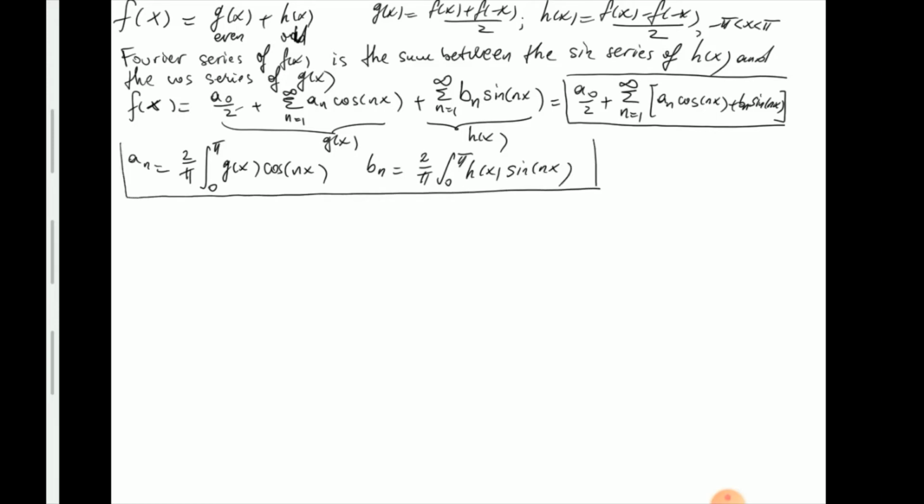However, it is customary to provide formulas for the Fourier coefficients in terms of the given function f of x. Let's imagine that you have a given function. You don't have tables for its even and odd part. So let's say you don't have any serious tables at all. Then it would be useful to provide a formula for the coefficients an and bn in terms of f of x, so that you can bypass finding the even and the odd part.